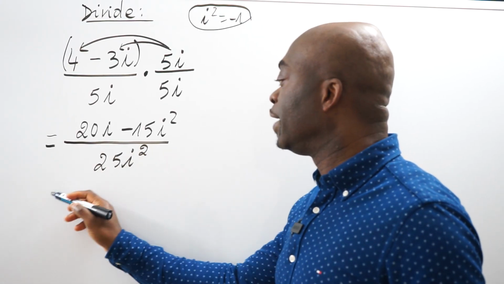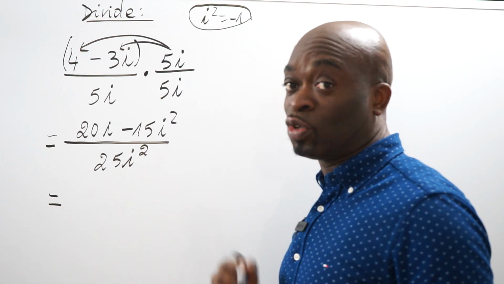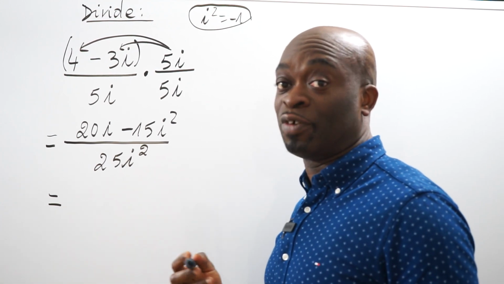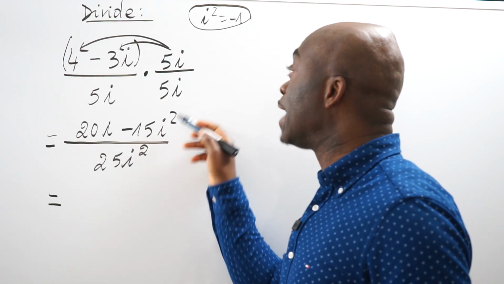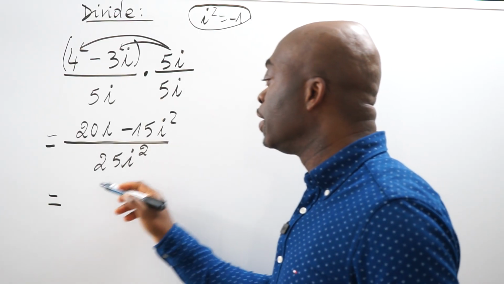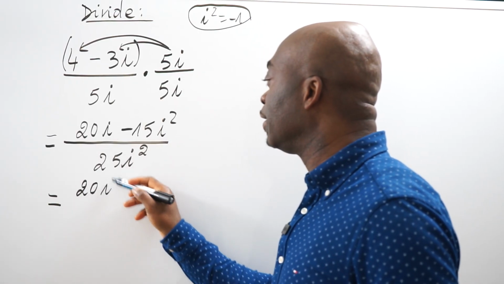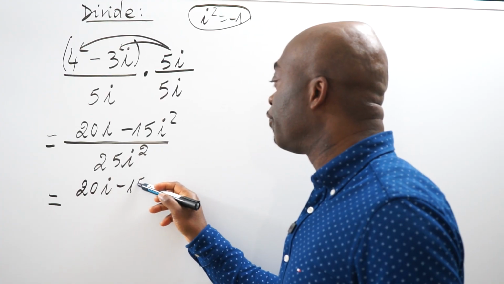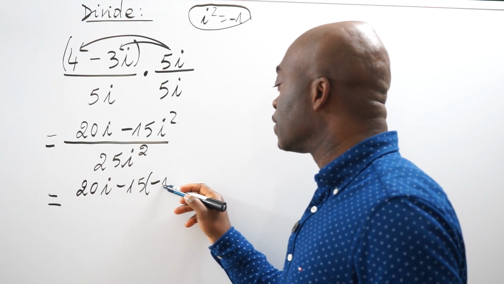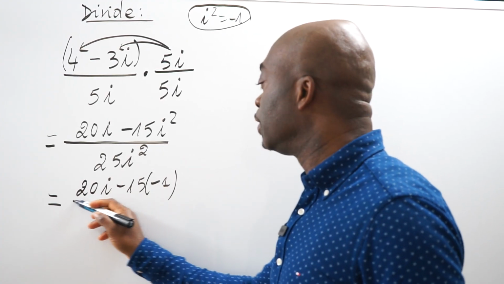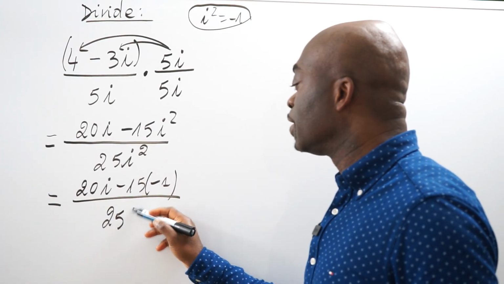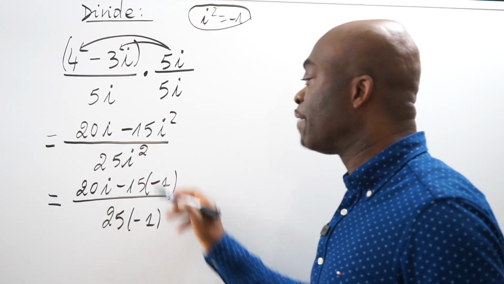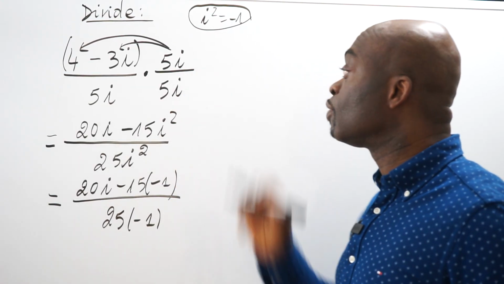Then we have to continue to simplify whenever possible. So the i squared, we know, is negative 1. So that is 20i minus 15 times negative 1, over 25 times negative 1 as well, because everywhere you see i squared, that is equal to negative 1.